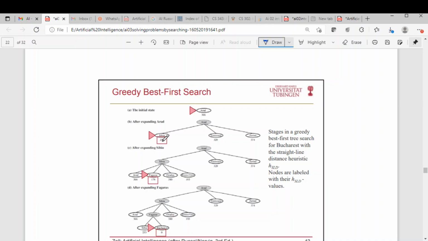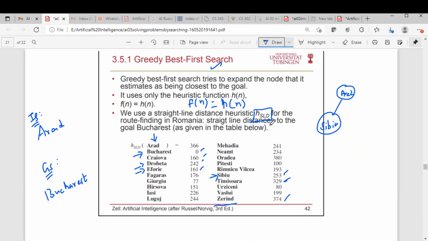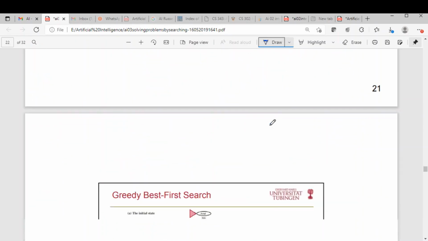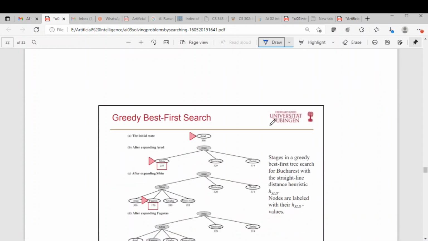Why is it choosing Sibiu? Because the cost of reaching the final destination, that is Bucharest, from Sibiu is 253, whereas from Timisoara it is 329. From Zerind it is 374. That is the reason why it is choosing this path.